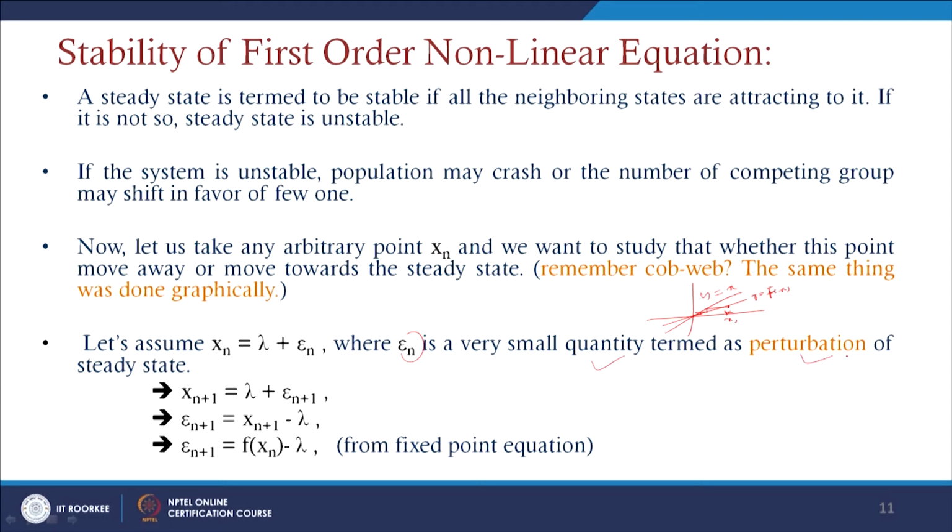If we write x_n as lambda plus epsilon_n, then x_(n+1) can be written as lambda plus epsilon_(n+1), and the value of epsilon_(n+1) is x_(n+1) minus lambda, which is f of x_n minus lambda, since x_(n+1) is a function f of x_n for a fixed point equation.